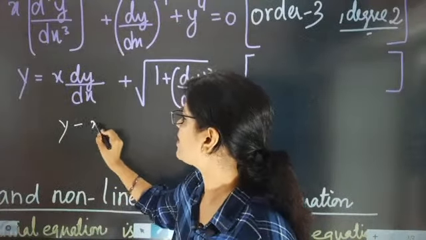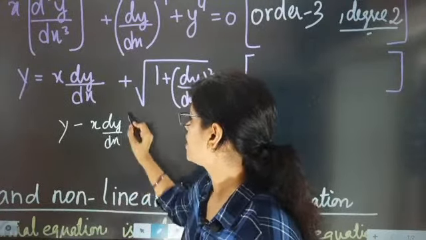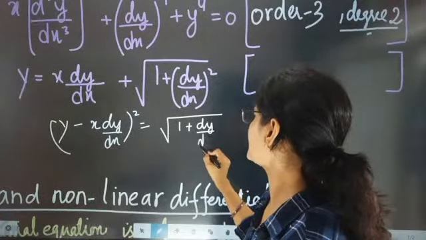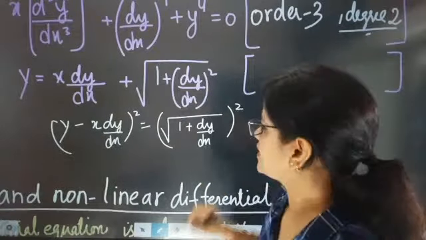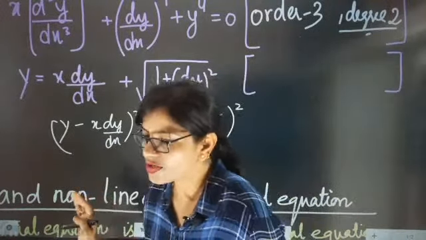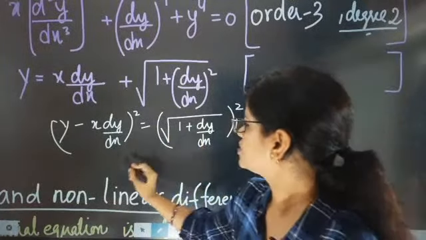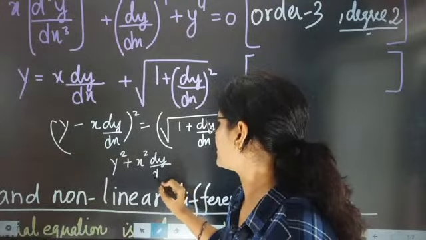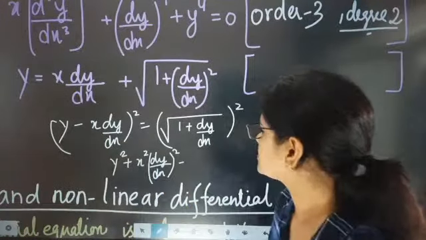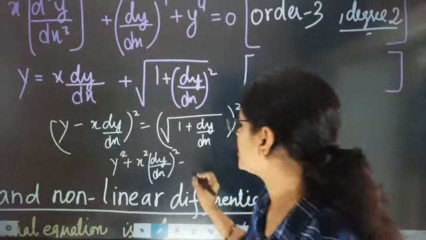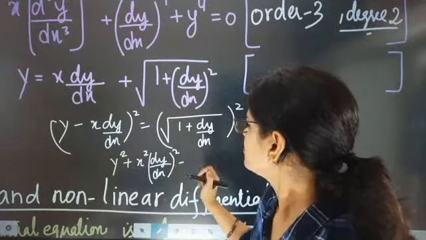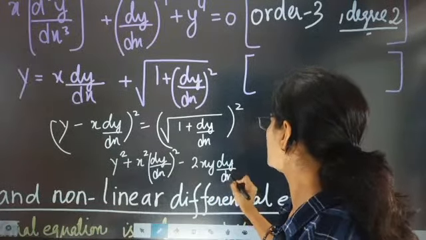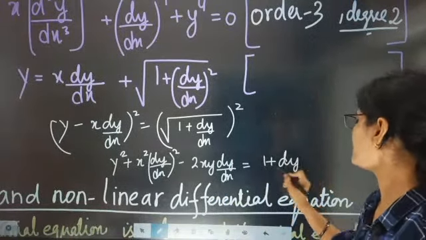So we will write y minus x dy by dx whole square equal to root under 1 plus dy by dx whole square. Once we have removed the root, it comes as y square plus x square dy by dx whole square minus 2xy dy by dx equal to 1 plus dy by dx.